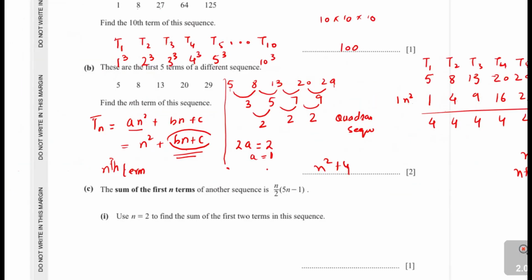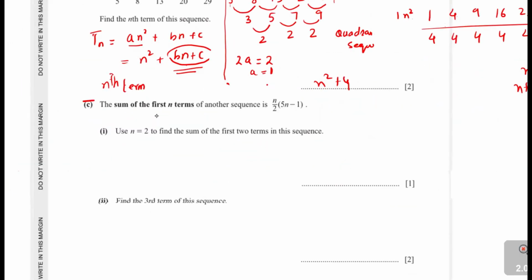Next, part C. Sum of first n terms of another sequence is n over 2 into 5n minus 1. Use n equal to 2, find the sum of first two terms. We can write S equal to n over 2 into 5n minus 1.